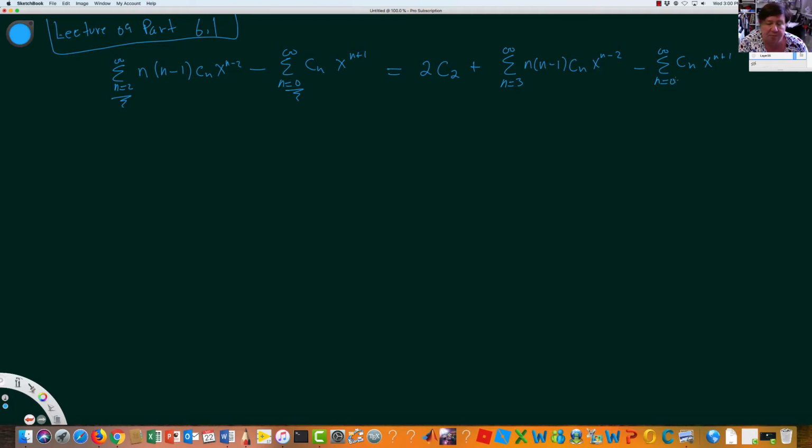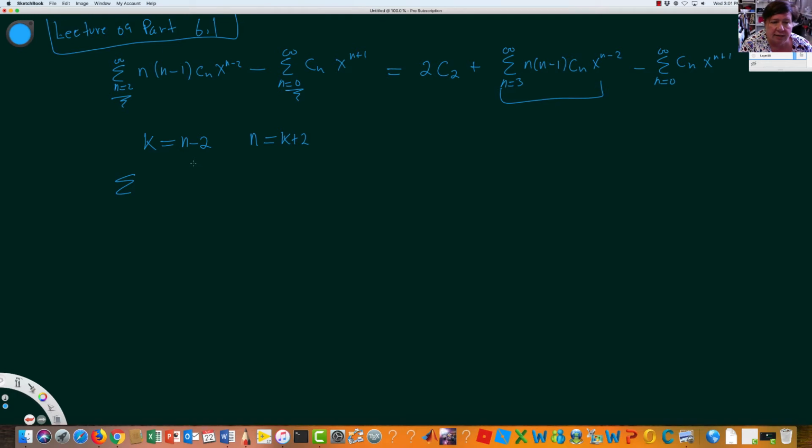So let's just move these indices around. So how can we do that? Well, first we're going to look at this, right? And we're going to make a new index, k equals n minus 2, okay? And that tells me that n is equal to k plus 2. And I can write this first series, so let's just look at this guy. So I can write this first series, sum over k, right?